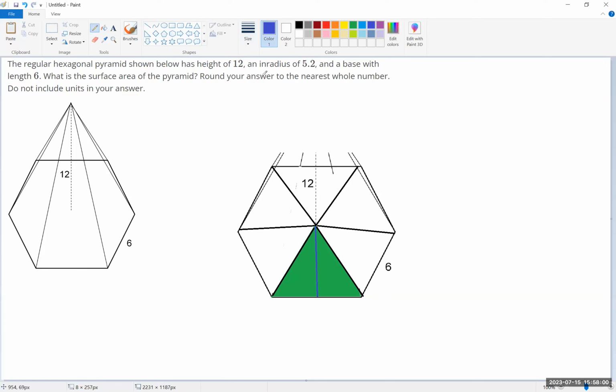And they give that to us as 5.2. Now, this is the in radius. What they don't give us, and we don't need it, is what's called the circumradius.